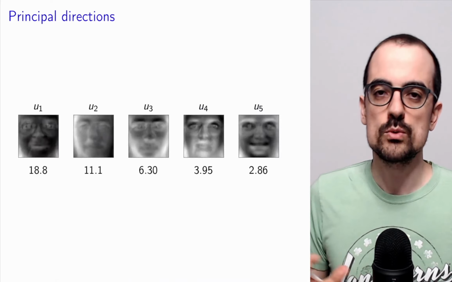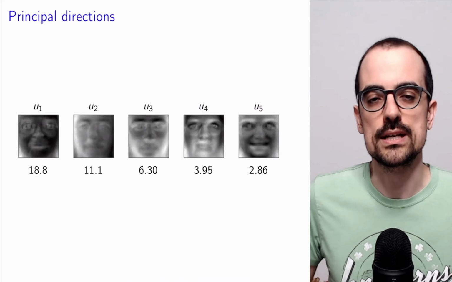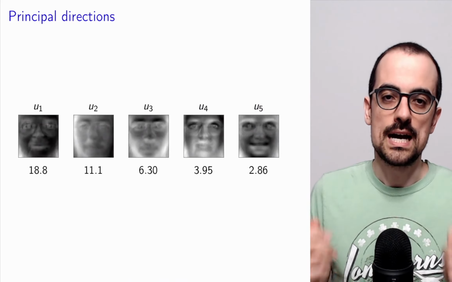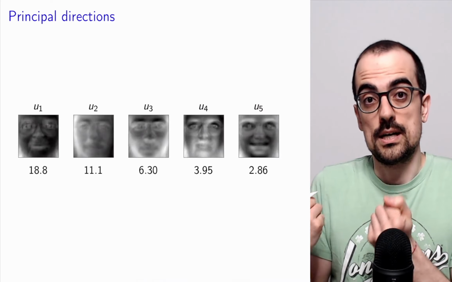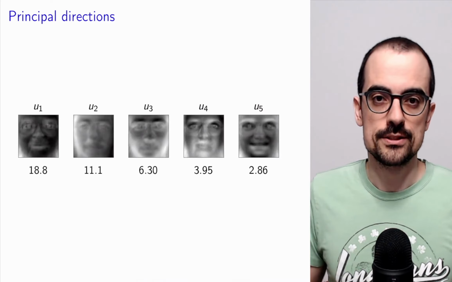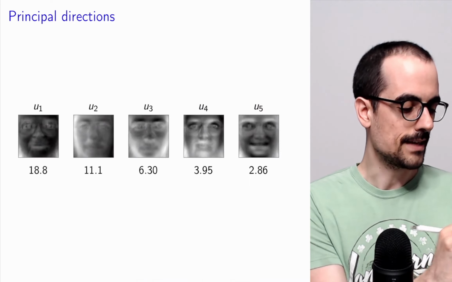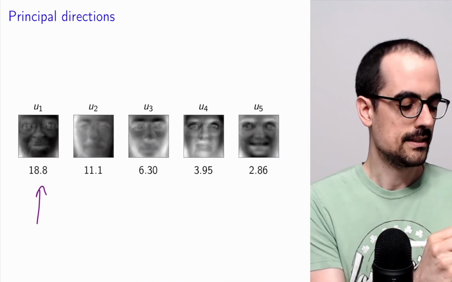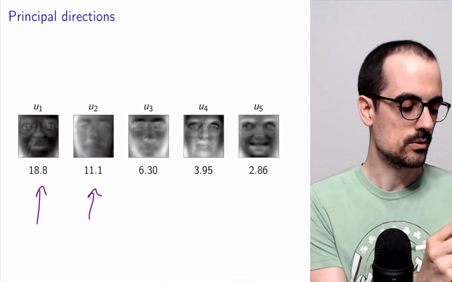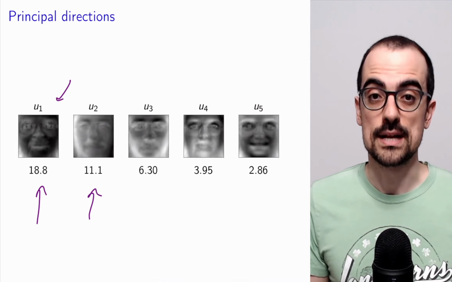Here what we've done is we've computed the sample covariance matrix of the data, and then we've computed the principal directions. So these are the first principal directions. This is the vector that captures the most variance, the second vector that captures the most variance, which is orthogonal to this guy, and so on and so forth.